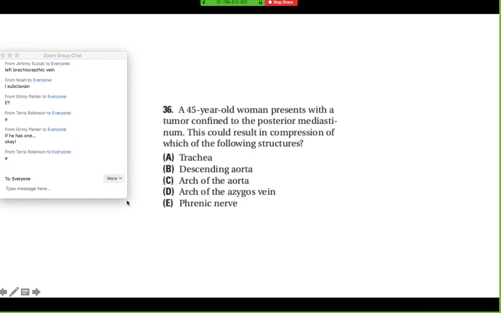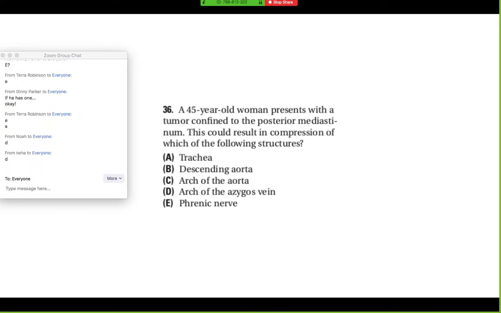No one's given me a correct answer yet. Okay, so B is going to be the correct answer. A lot of you are saying D. The arch of the azygos is actually located in the superior mediastinum. This one is pretty tricky, but this came out of BRS, so blame BRS, not me.